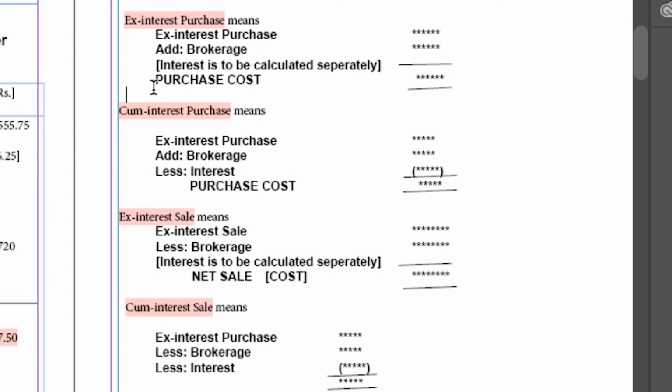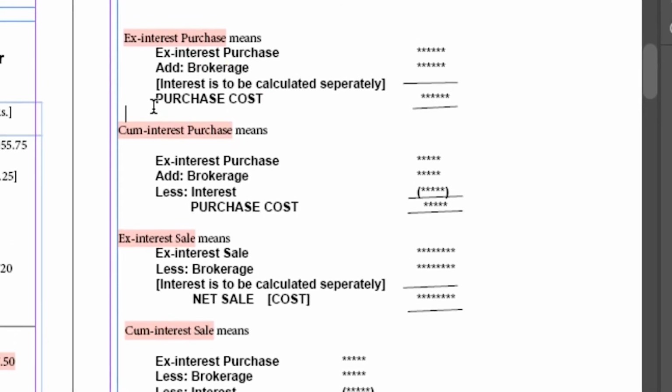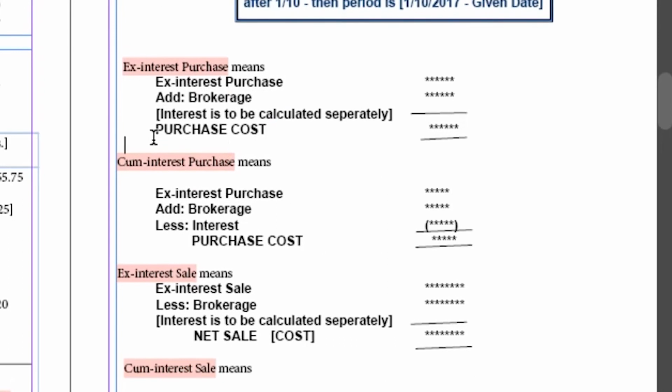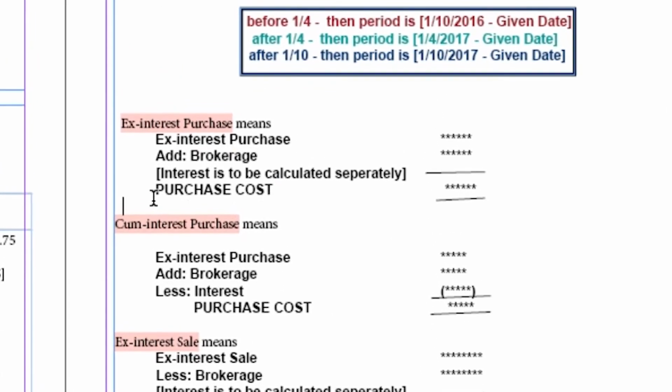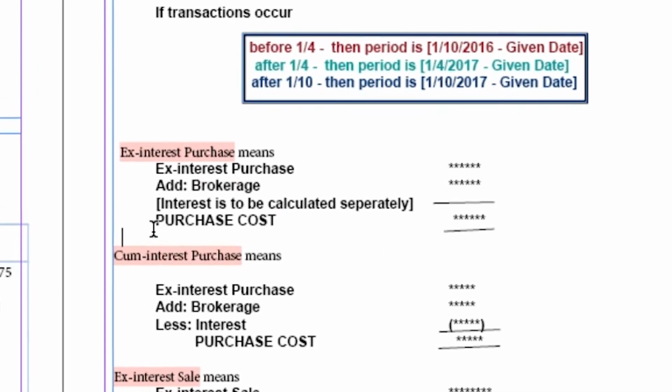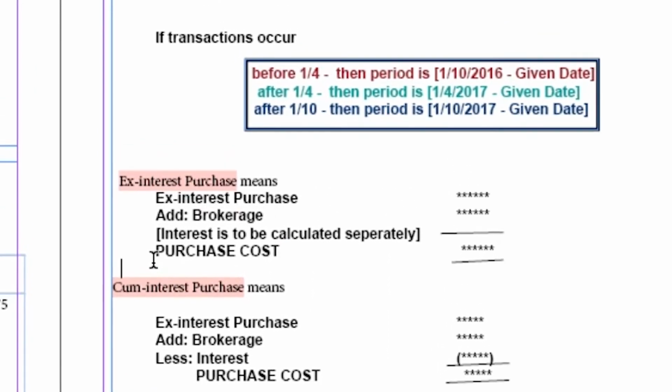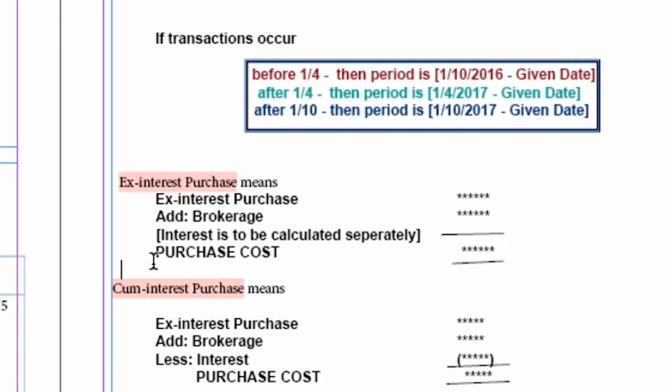But in case of cum interest purchase, you have to deduct interest. But in case of sale, you have to add interest. Now coming to the earlier point, if the transaction occurs after 1/4, then the period will be 1/4/2017 to the given date, because this is happening after 1/4.